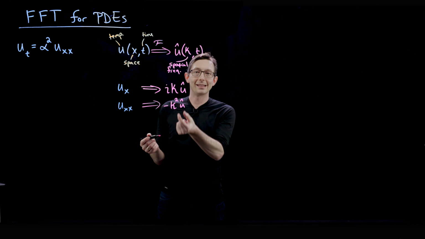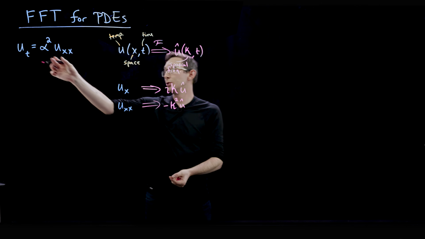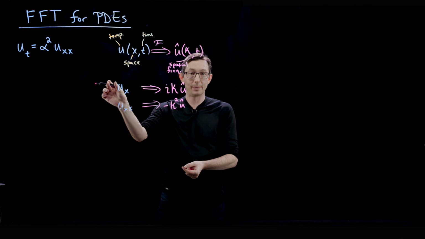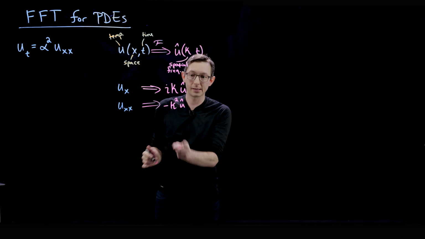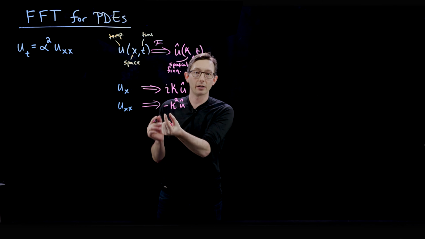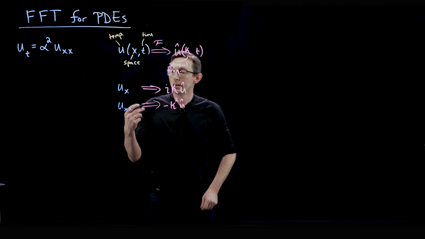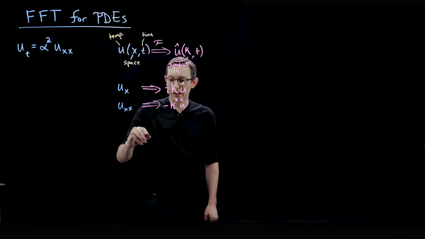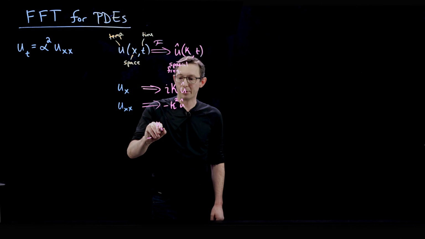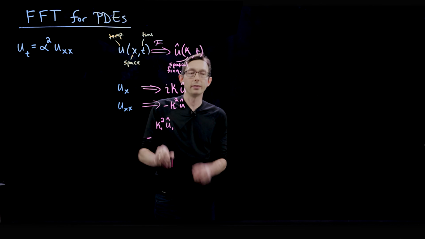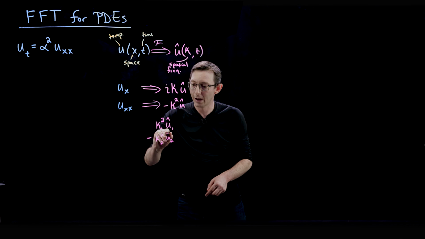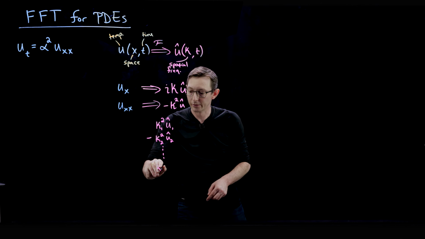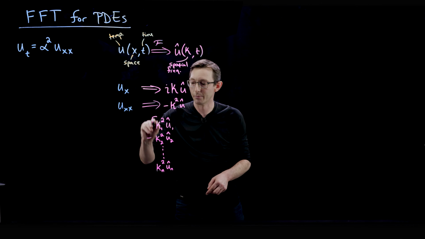Okay. Now we've already seen this before, but when we do this with the fast Fourier transform, now this u hat is a vector of Fourier coefficients. u would be a vector of data at each spatial location, and u hat is a vector of Fourier coefficients. And kappa squared are vectors of frequencies. So now what we get is something like minus kappa 1 squared u hat 1, the first component of u hat, kappa 2 squared u hat 2, and so on and so forth down to kappa n squared u hat n, the nth component.